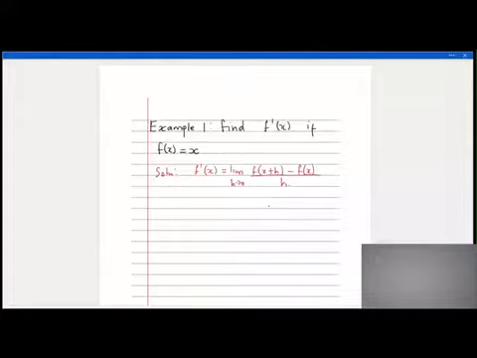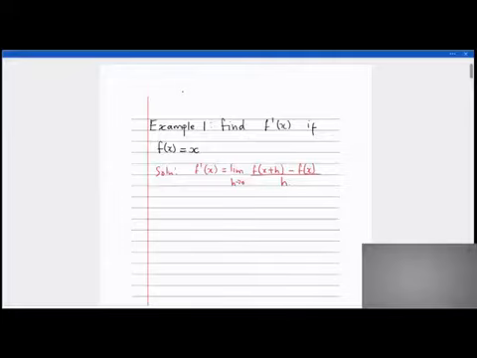Then from there, we have to evaluate some of these parameters, like this portion here. Let me just select the pen there. Then we can plug our evaluations into our formula, like for f at x plus h.